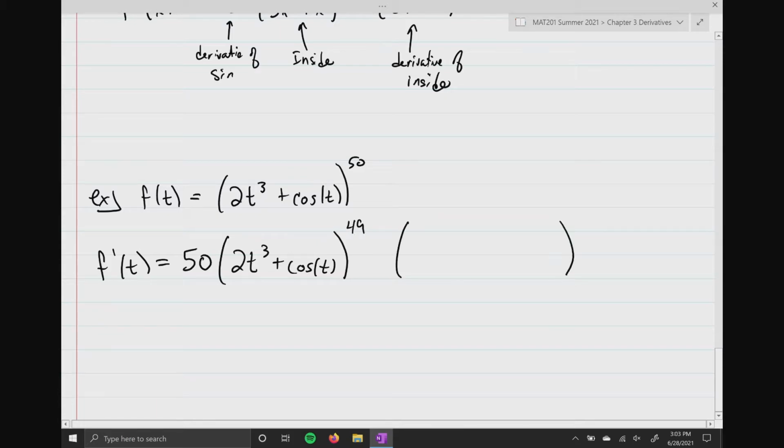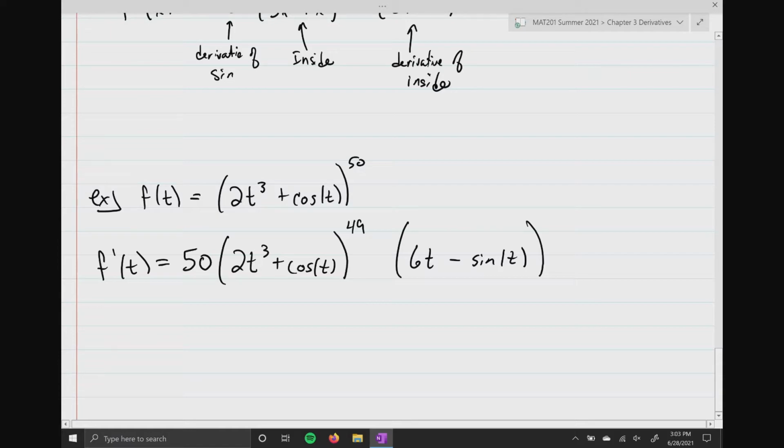But now I'm going to multiply by the derivative of the inside. So the derivative of the inside is going to be 6t minus the sine of t. And I'll just pull this parenthesis in a little bit more. So there's our derivative for the second example.